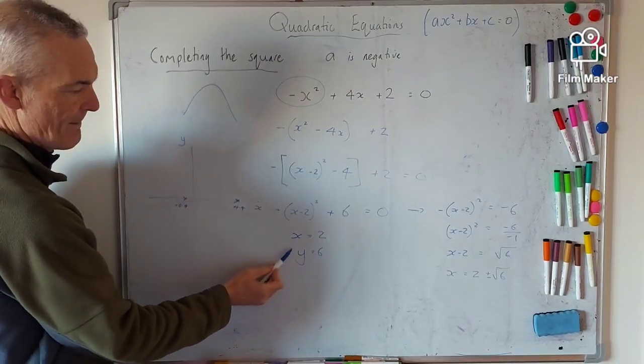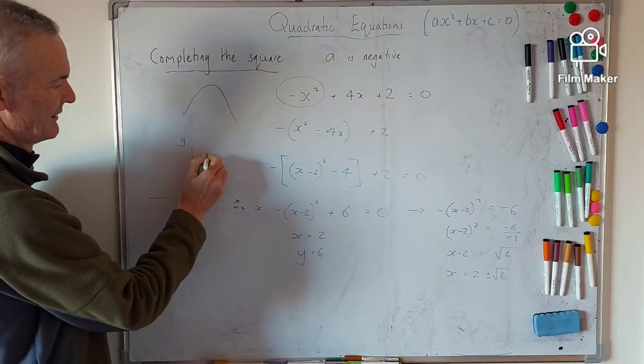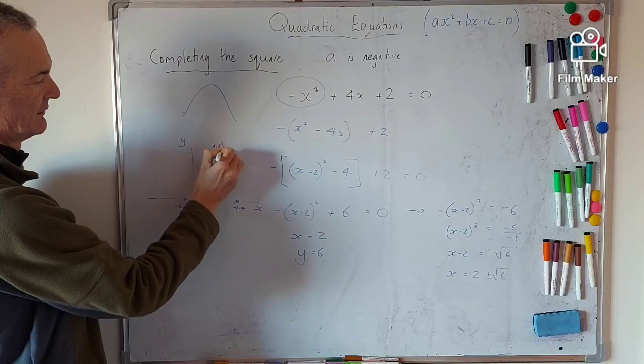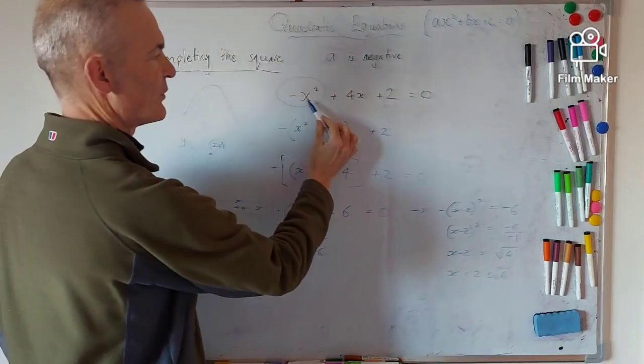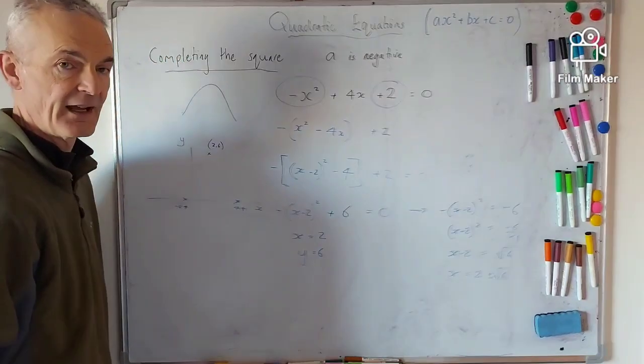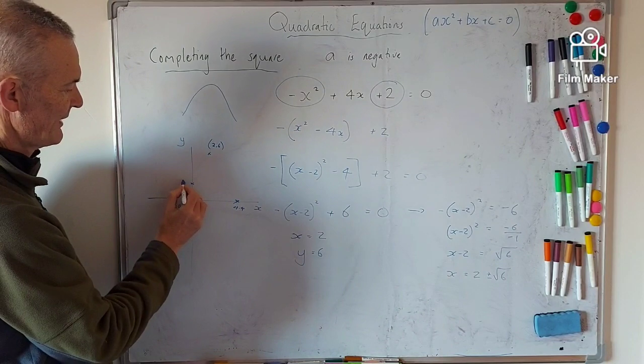Our maximum point is 2, 6, so that's going to be somewhere up here. And we also know from the curve that this point here gives us our intercept on the y-axis. So that's going to be somewhere around about here.